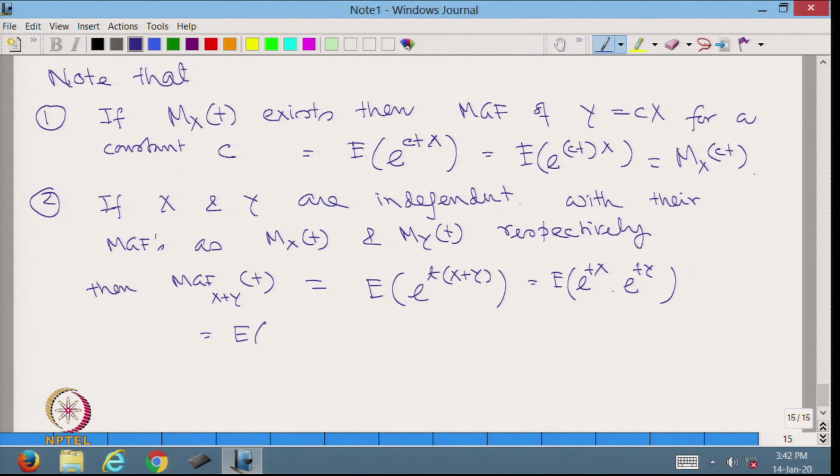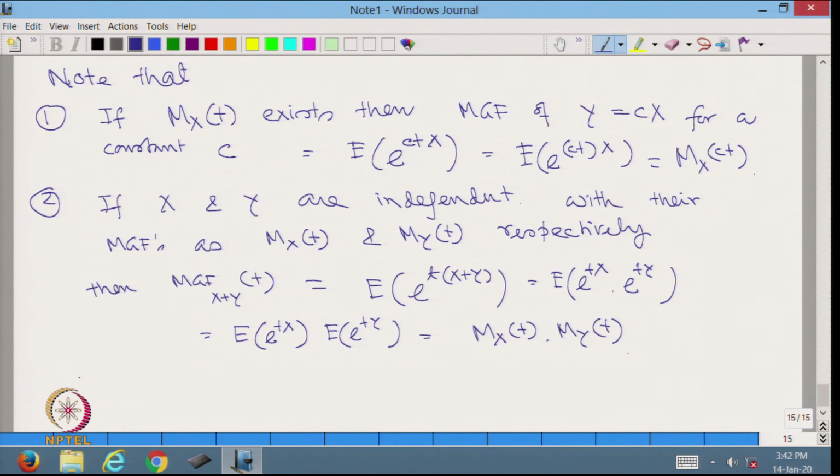Because they are independent, we can write it as expectation of e to the power tX into expectation of e to the power tY, which is equal to moment generating function of X multiplied by moment generating function of Y.